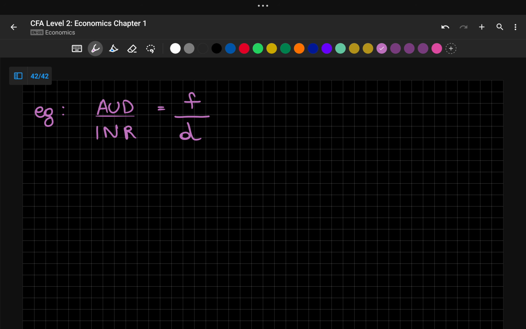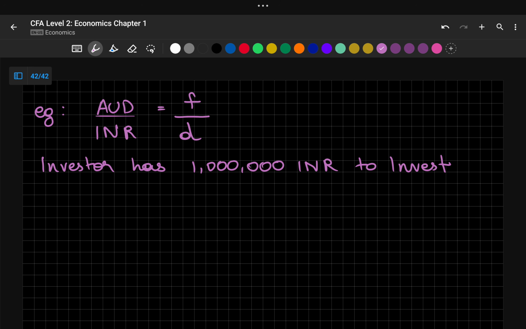Now, an investor has 1 million INR to invest for 3 months.